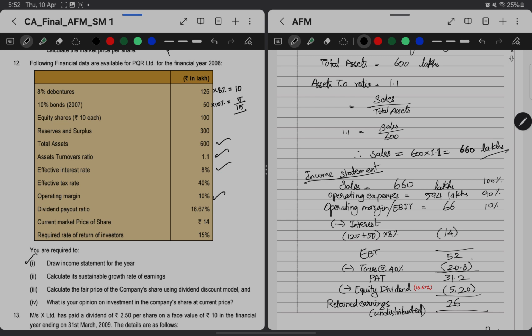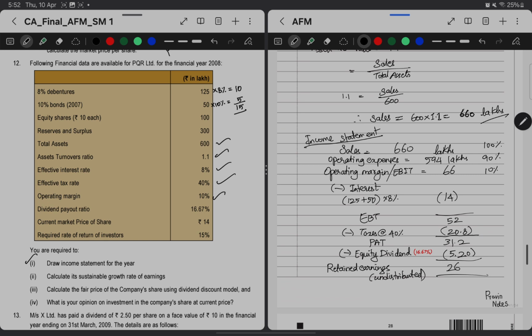So that is clarified. Then earnings before tax is 52, then taxes they have given 40%, and then profit after tax is 31.2. Equity dividend they have given 16.67%, so that also is considered 5.2. Retained earnings, which is undistributed profits, which will be 26 lakhs in our case. So income statement is done.